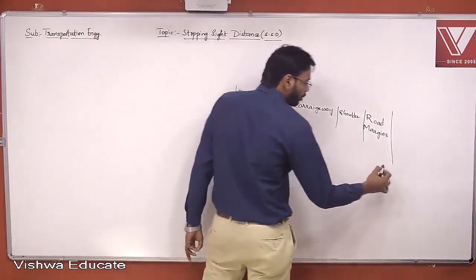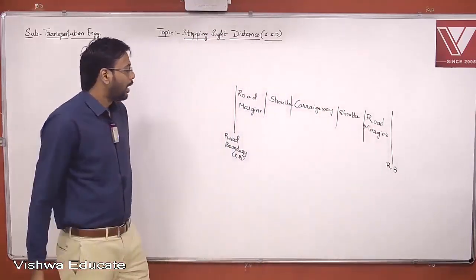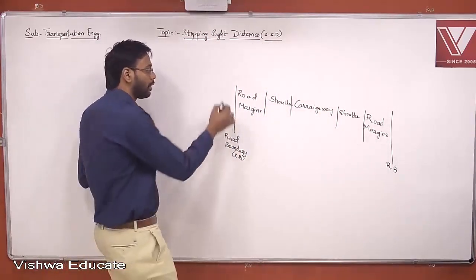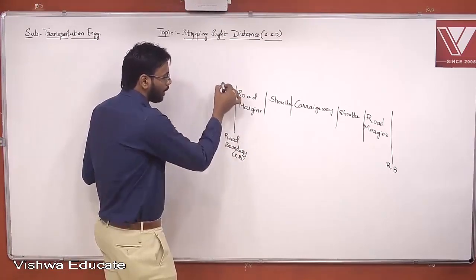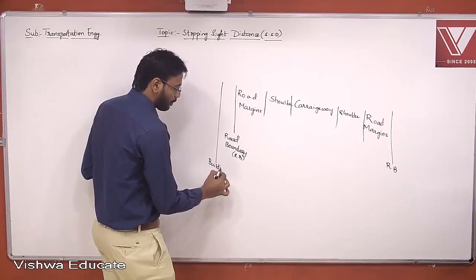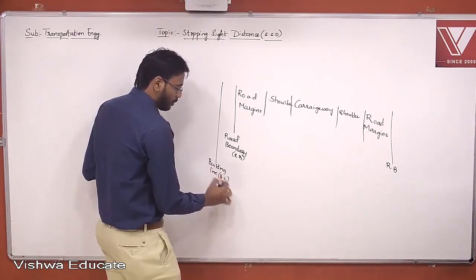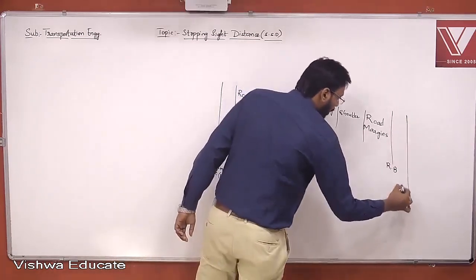So here also this is the road boundary, right? And after the road boundary, there will be a building line. So this is my building line.